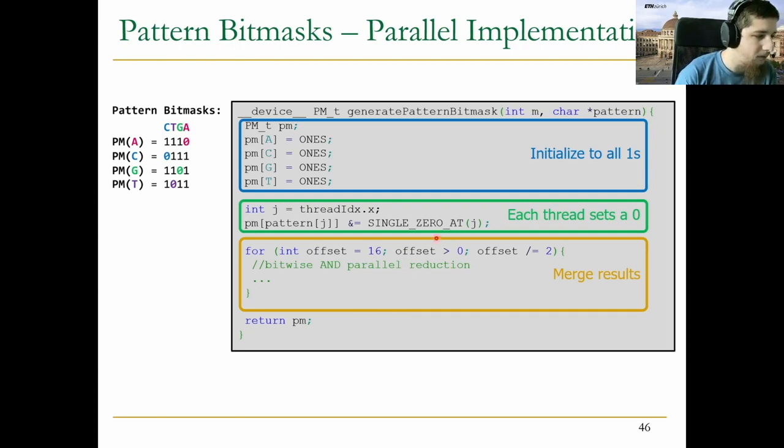You can either manually implement this parallel reduction using such a loop, so it would be backwards compatible to older GPUs. And in more recent GPUs, there are even specialized instructions that can do this. So you have one instruction that does this kind of bitwise AND over all threads.